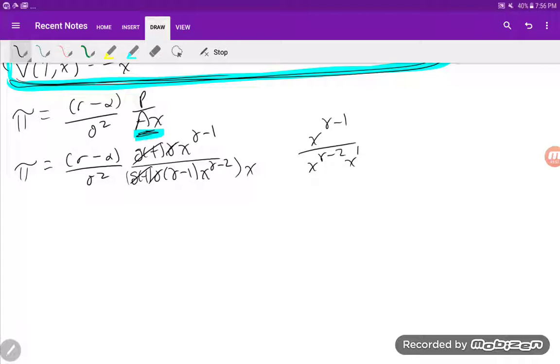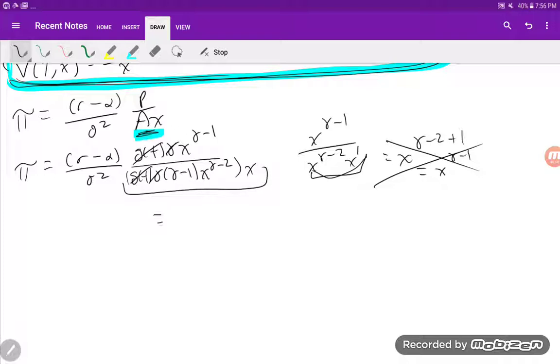Well, obviously this is x to the gamma minus 2 plus 1, which equals x to the gamma minus 1. That means that just cancels. So this entire term then just equals 1 over gamma minus 1.